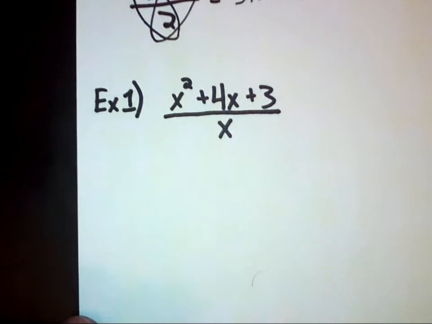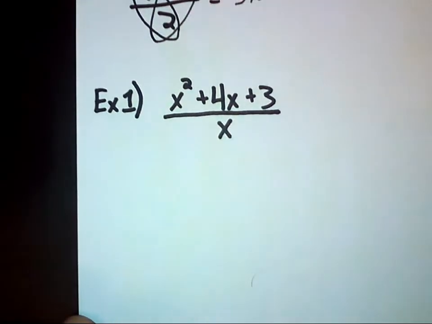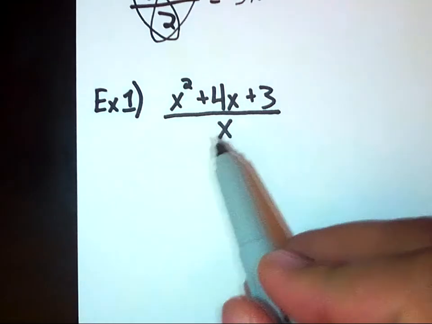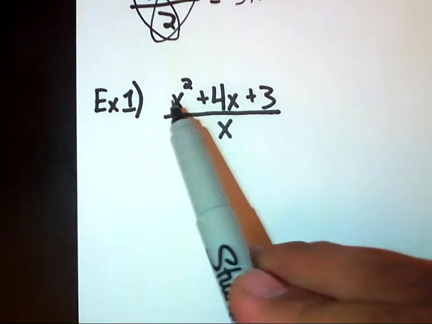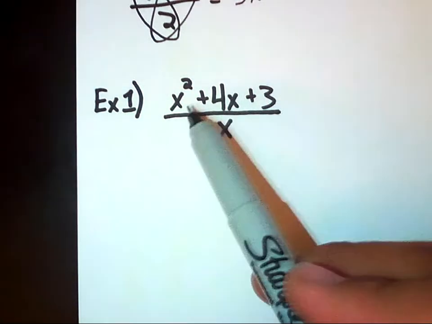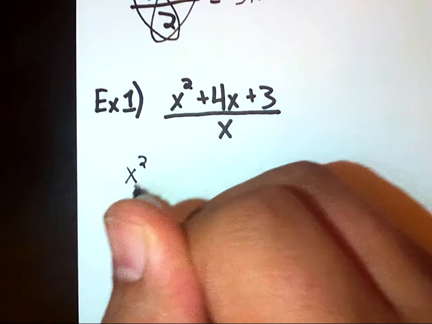So this is x squared plus 4x plus 3 divided by x. And we can tell it's divided by one term because there's only one thing on the denominator. There's no other addition or subtraction sign. So what we do here is very simple. We take the 3 terms, or however many there are in the numerator, and we just turn it into 3 fractions.